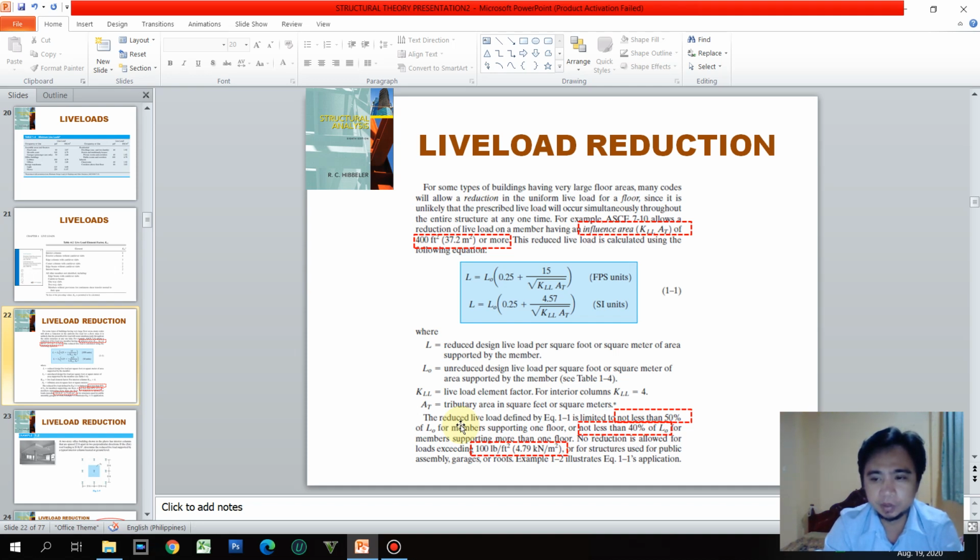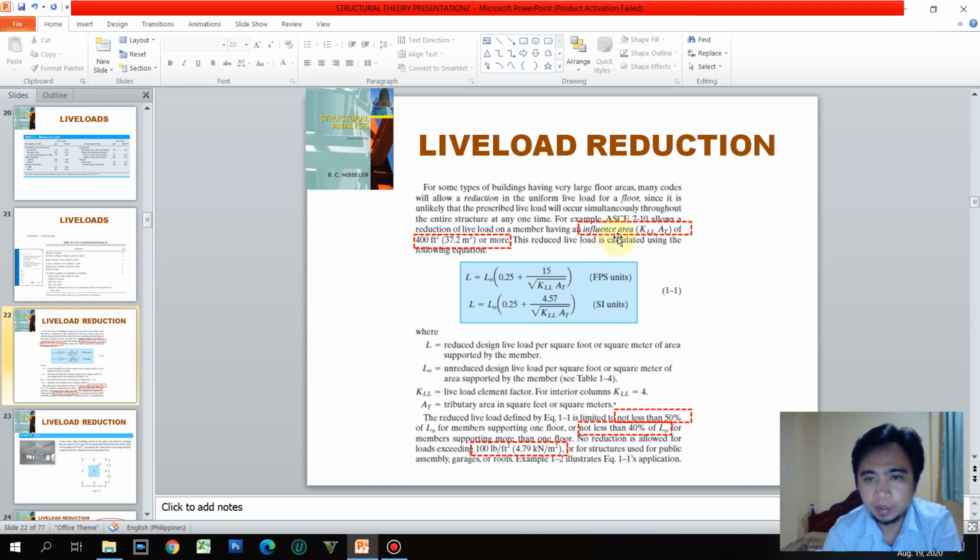So for a larger structure, the code permits a reduction because the building will not be filled all at once because of the large area. However, you can reduce a certain live load.